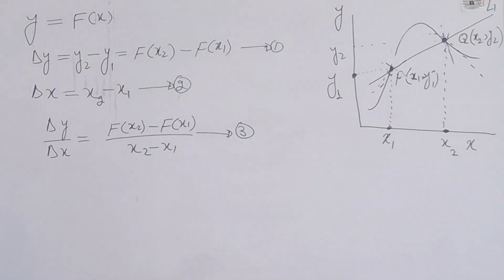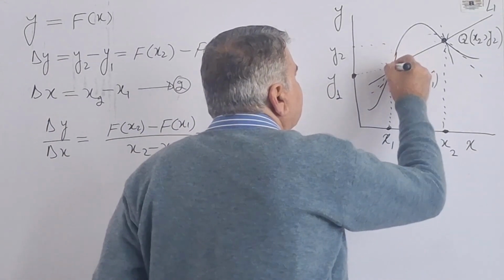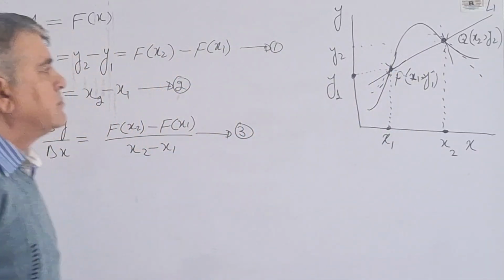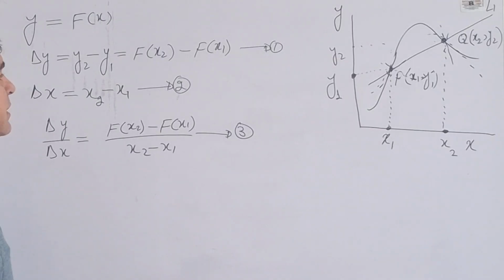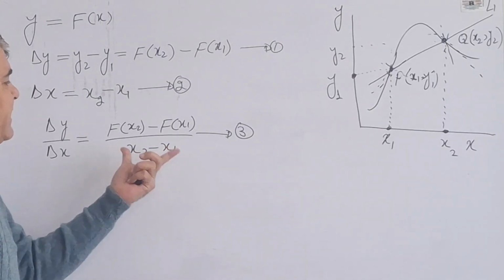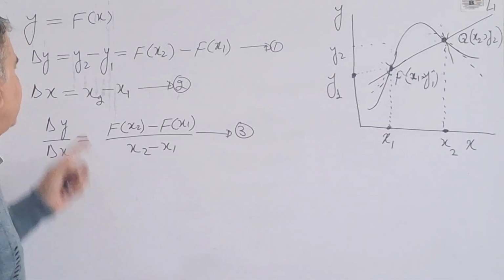What should I do if I want to get the information about every point of this curve? Yeah, I can play with this equation. Instead of writing in this form, I want to write a dynamical form of the equation.